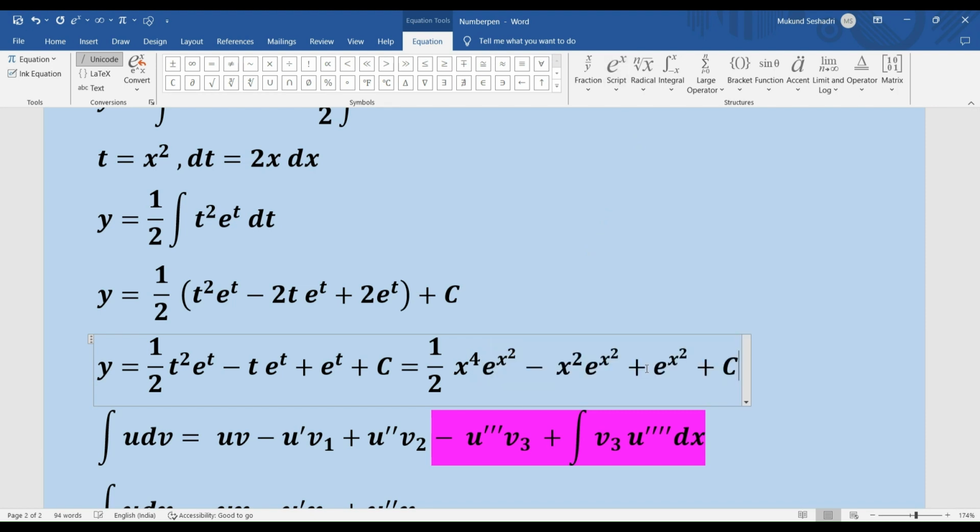So my answer to this problem is half of x to the power 4 times e to the power x square, minus x square times e to the power x square, plus e to the power x square, plus c. Let me highlight my final answer in pink.